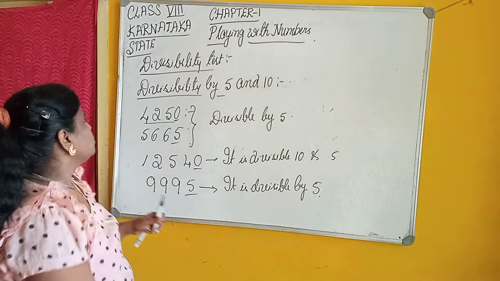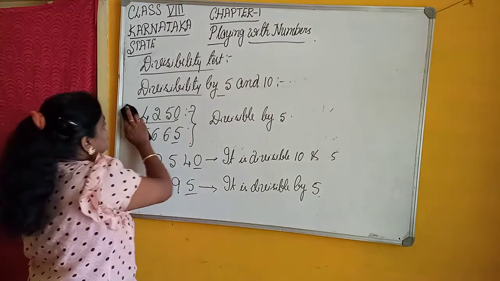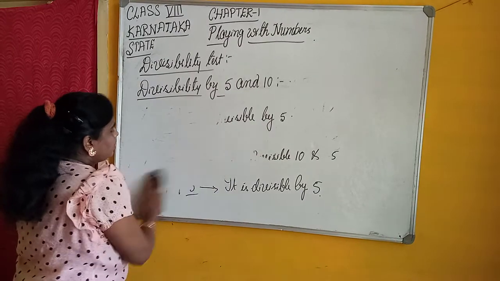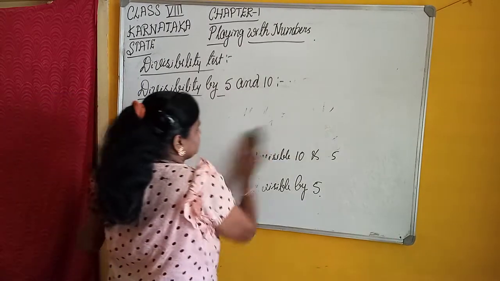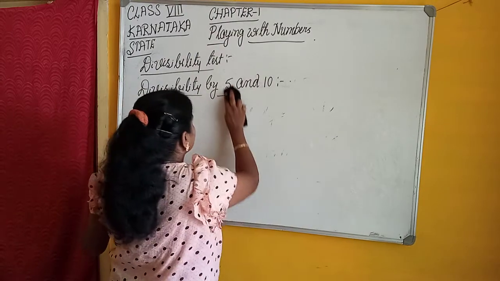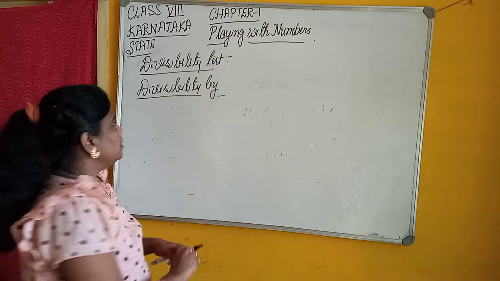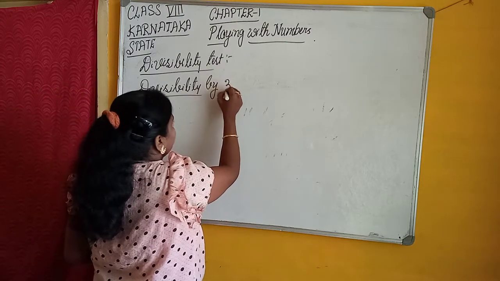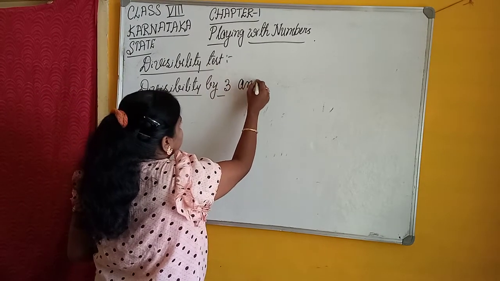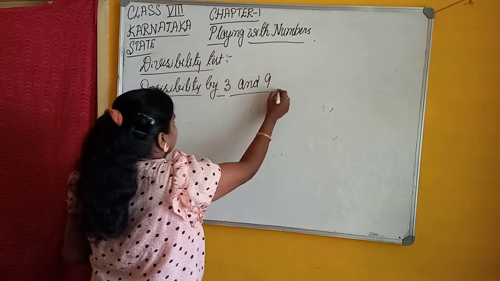Let us move on to our next test. Divisibility for 3 and 9. The given number is divisible by 3 or 9.